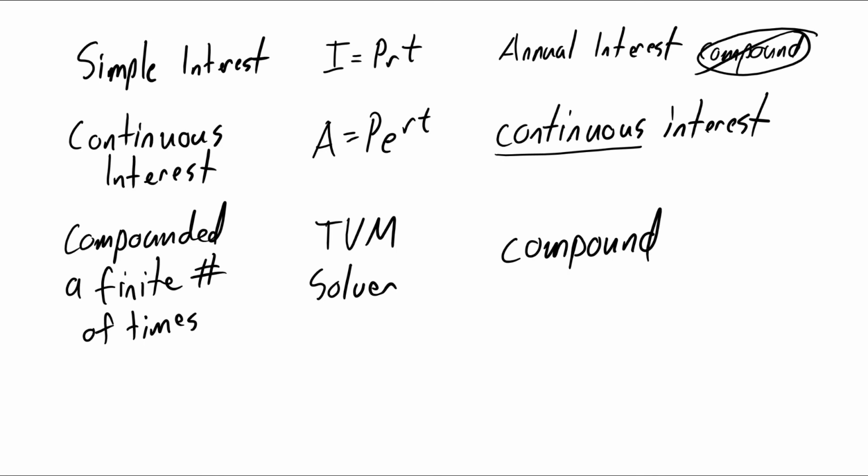Continuous interest we use when it says that interest is continuous. And then the TVM solver we're going to use when it's compounded a finite number of times. And then the effective rate function, we'll use that anytime it says to find the effective rate or the APY, if we are given a rate that we want to convert to one of those things.